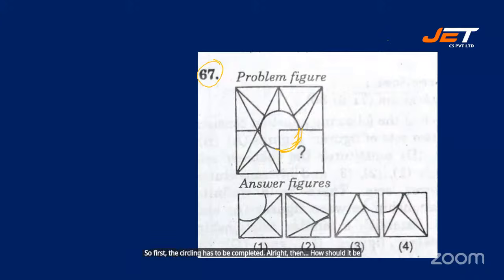Then we have this line, isn't it? Lines are coming. So we have this line. And then what is the third step that we need to do?